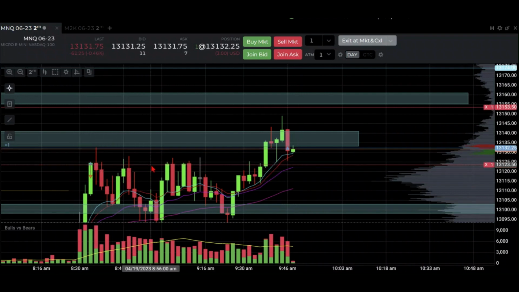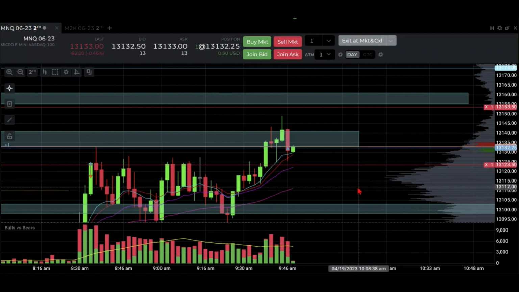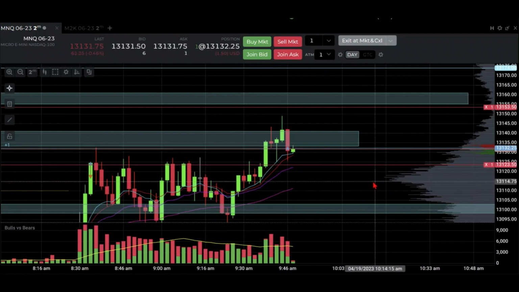So what we're doing now is looking at the potential for an area to bounce if it wants to continue pulling back and test a zone.